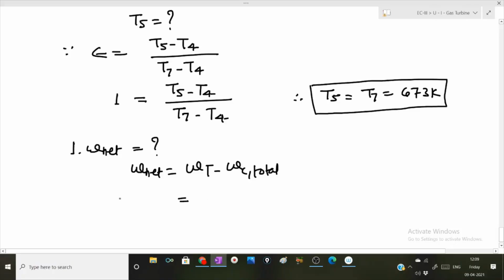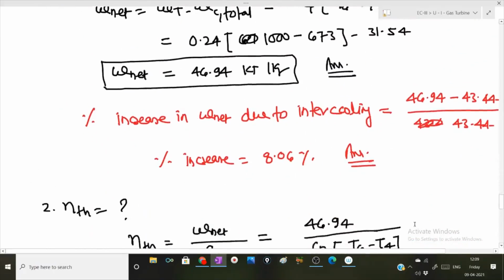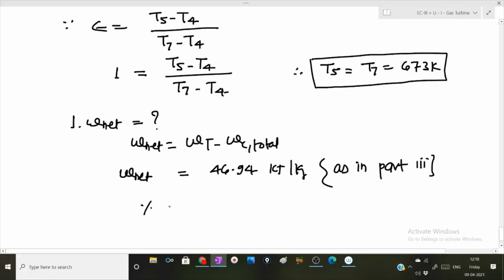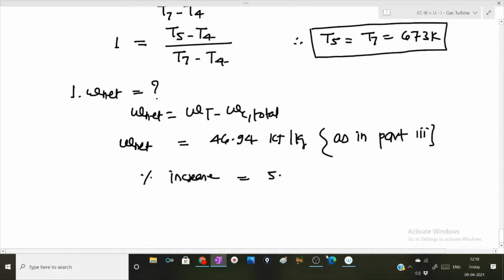So this will be 46.94, as in part 3. So percentage increase will be 8.06% as in the part 3.